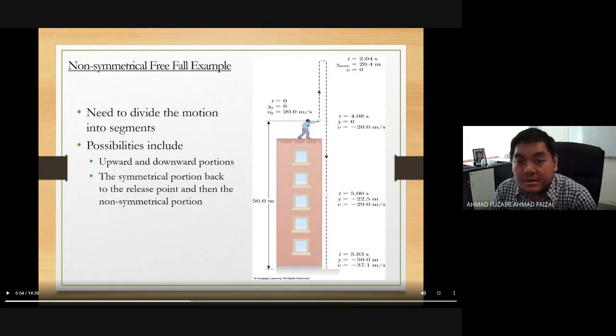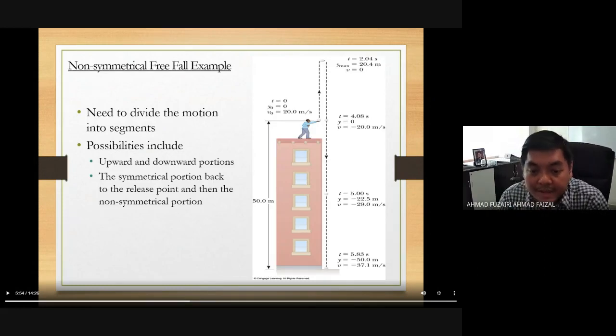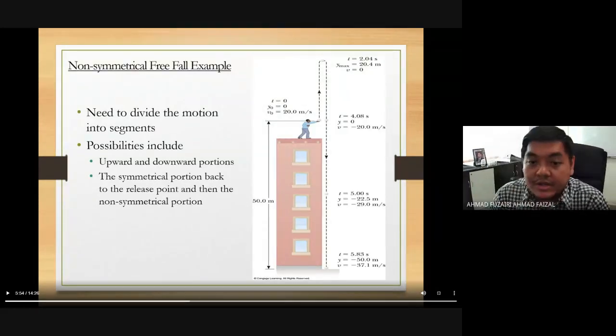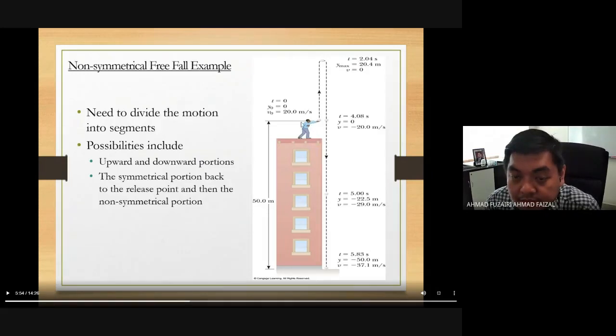So for this non-symmetrical motion, as this madam said, the symmetrical part will take place only in the first part. Look at the person who throws the ball upward. He throws the ball, meaning the ball leaves his hand at time t equals 0.